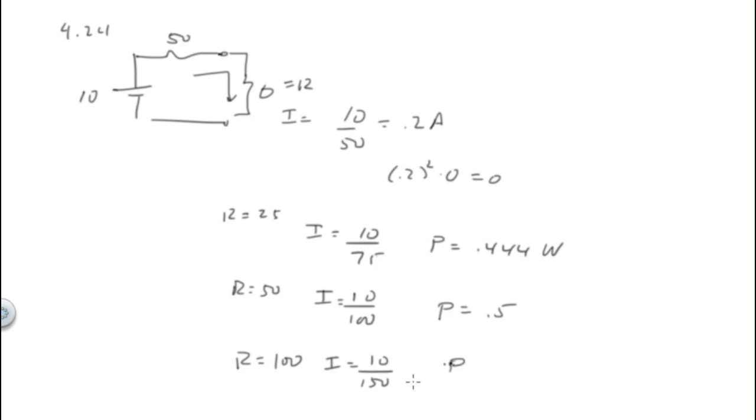Do it again. 10 divided by 150, 0.066 squared times 150. Hmm. 0.666, which is bigger than 0.5.